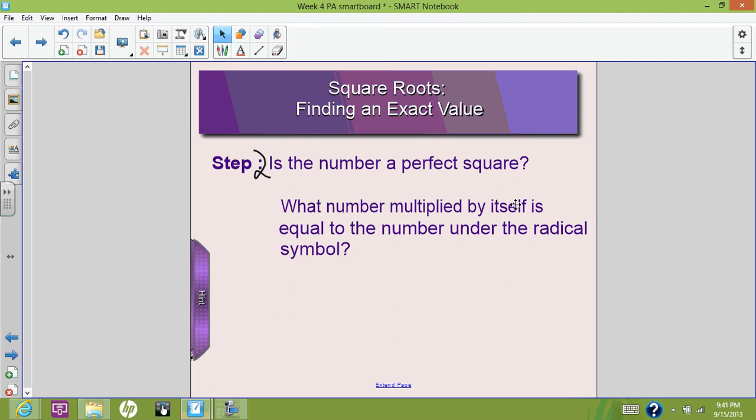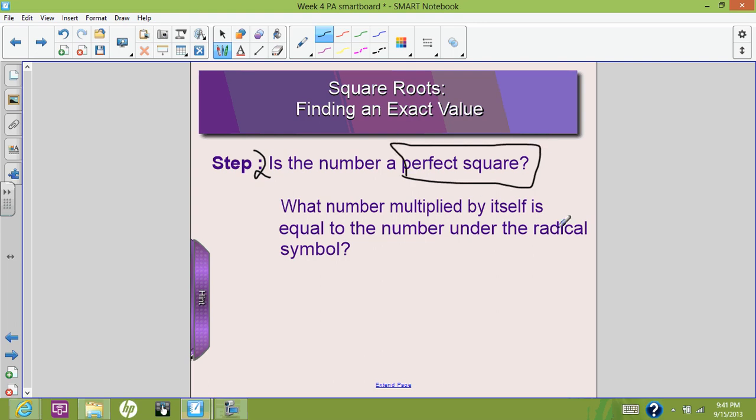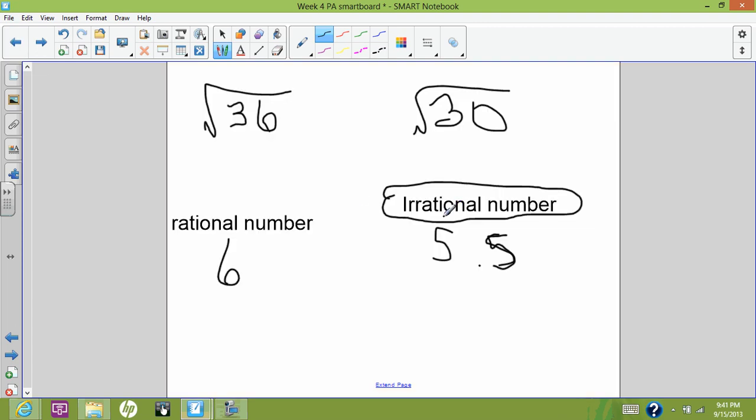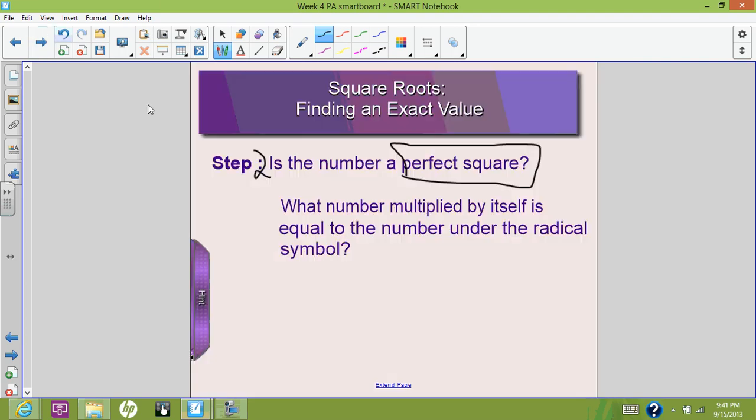So ask yourself first, is it a perfect square? If it's not a perfect square, you can't find the exact absolute value. That goes back to the discussion that the square root of a number that is not a perfect square is irrational. You're not going to be able to find the exact value. You're going to have to type it into the calculator and get an approximation.